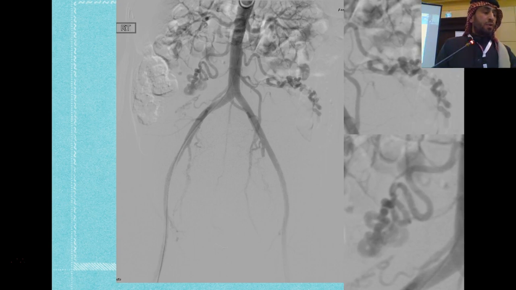We look at it like a neurointervention doing AVM embo or aneurysm coiling.